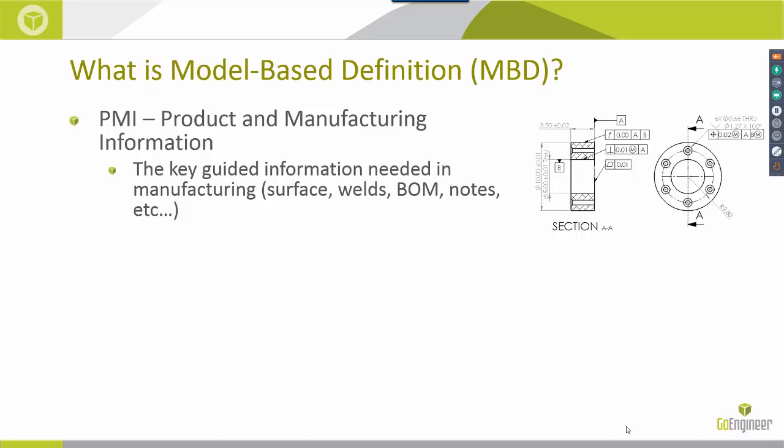It's how we're giving information about the geometry and the processes we want to use to create that geometry. We see that very traditionally today in our 2D drawings. But it's also things we don't see on the screen: surface finish symbols, bill of materials, notes. Those are also part of what we would consider PMI.